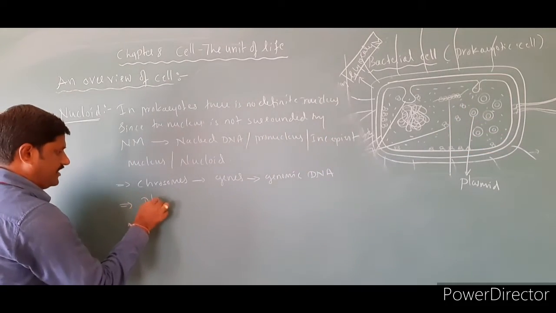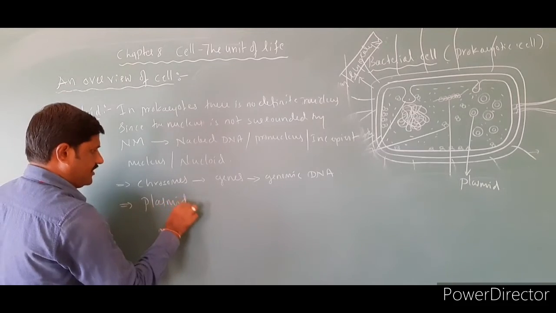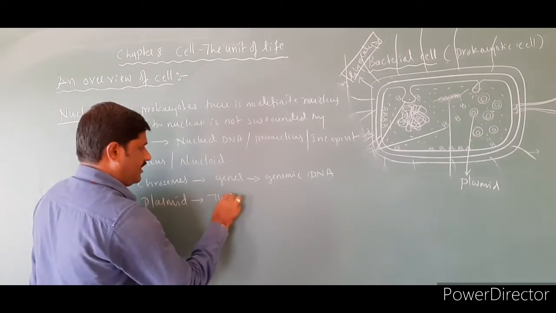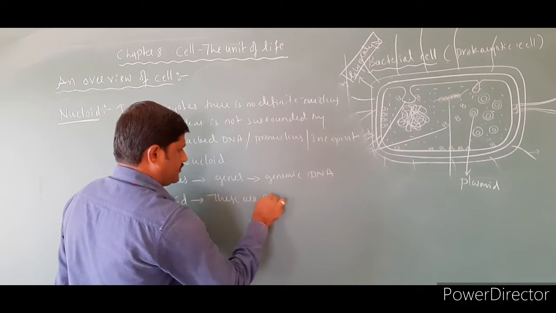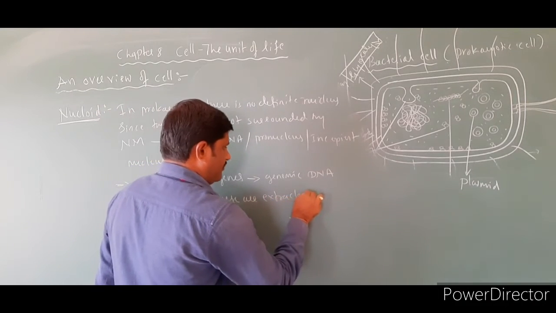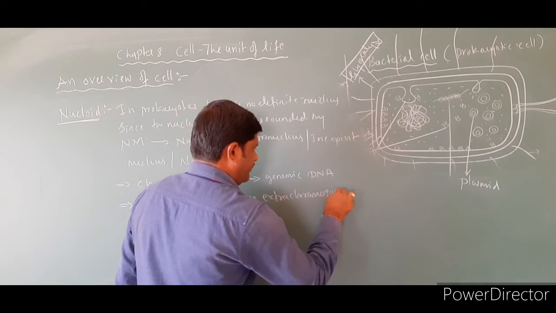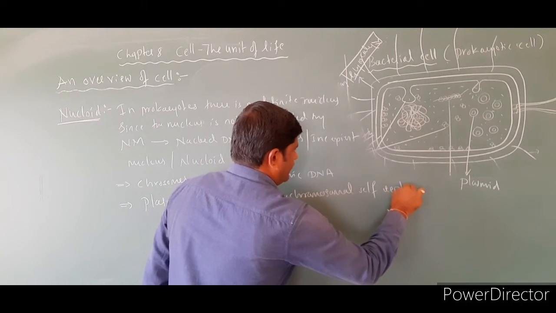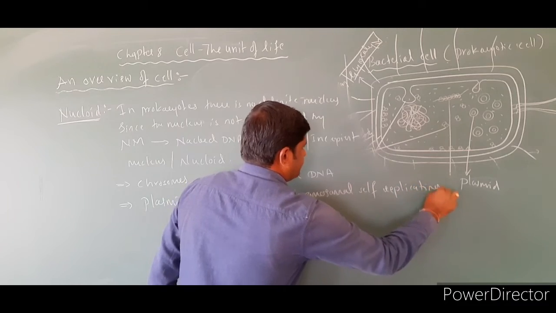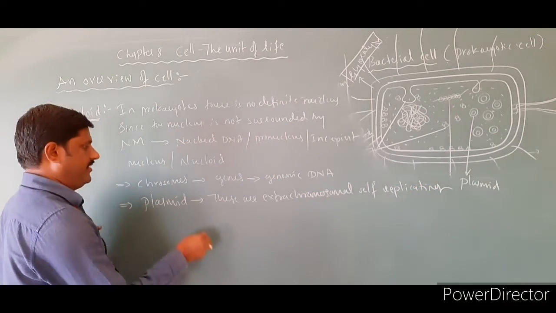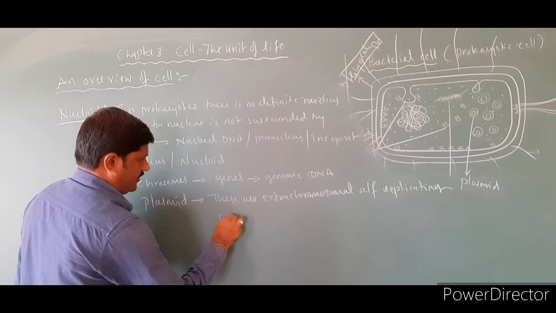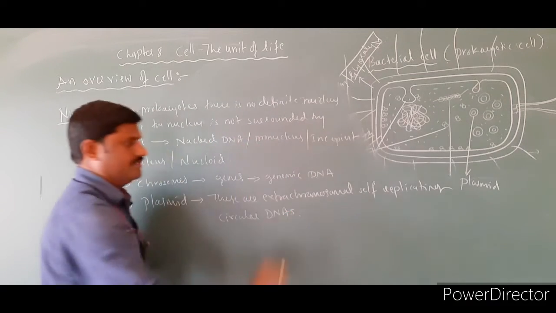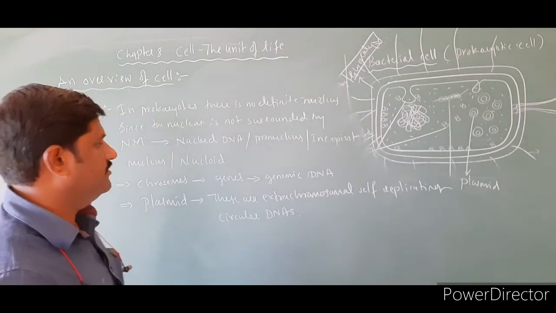So plasmids. How to define these plasmids? These are extra chromosomal self-replicating circular DNAs, right?